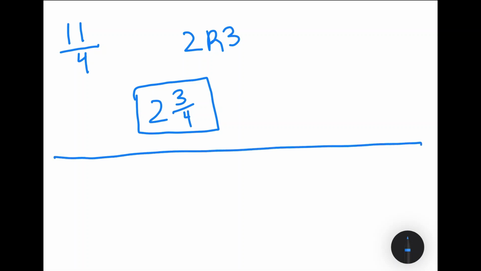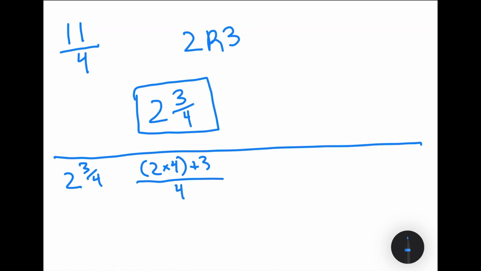And we can do the reverse of this as well. If I started off with 2 3/4 and said, I want to make this mixed fraction an improper fraction, all I have to do is say, what is 2 times 4? I'm going to multiply my whole number times my denominator. So I'm going to say, what is 2 times 4, plus my numerator, divided by the denominator.